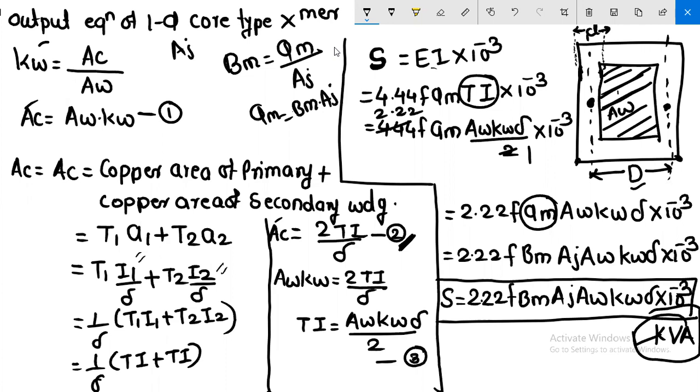Completed. Girls, completed. Boys, okay. Below that, write down from equation 1 and 2.